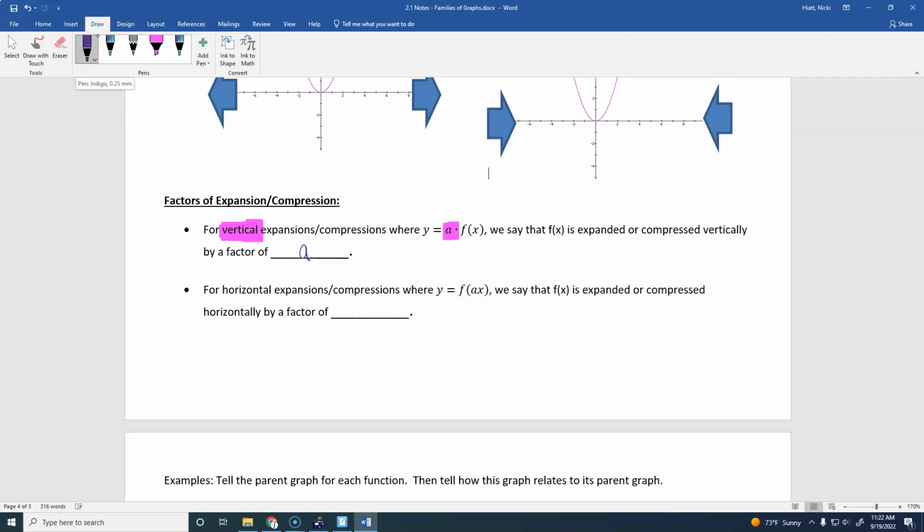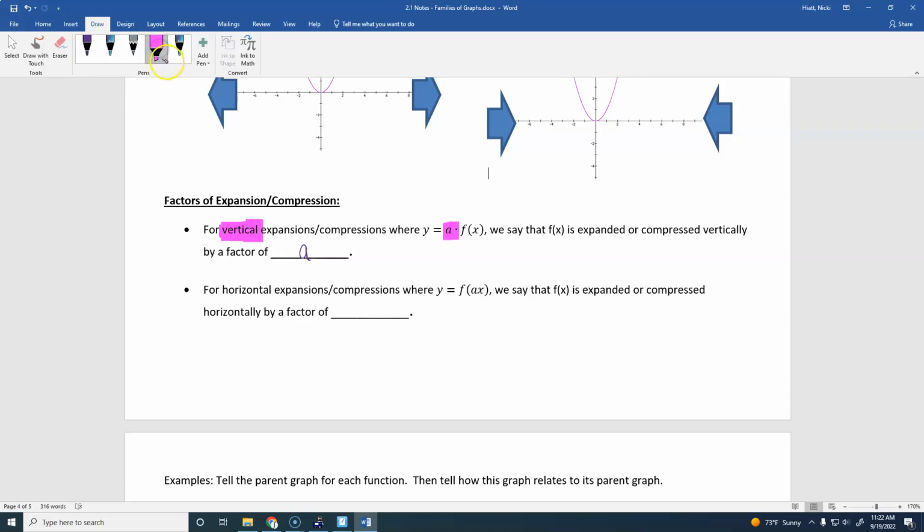So if it's y equals 3 times x squared, we'd say it's expanded vertically by a factor of 3. We just use the number as it is. Things on the outside of the parentheses work as we think they should.